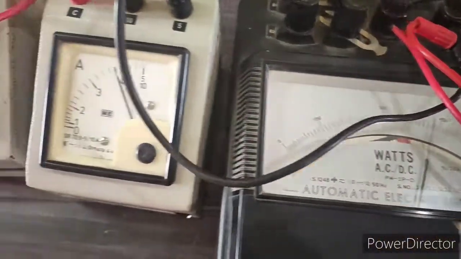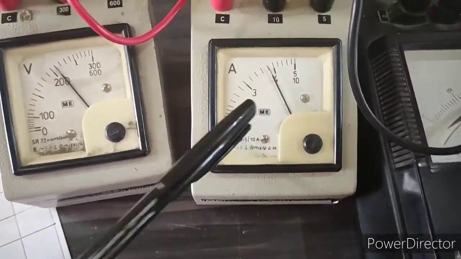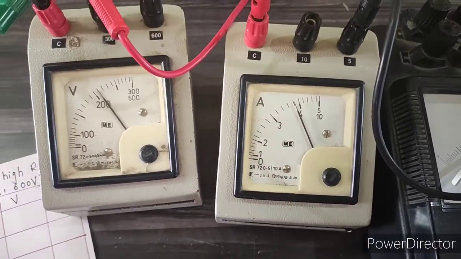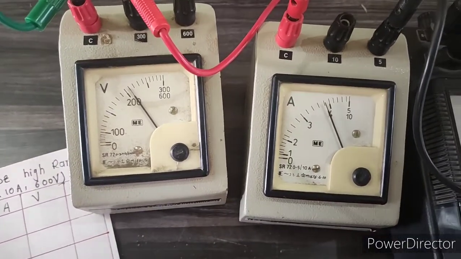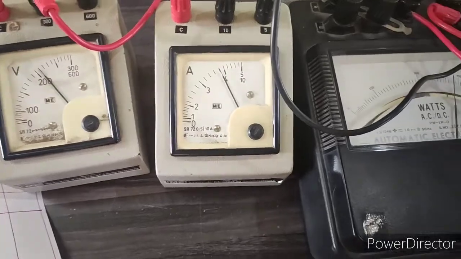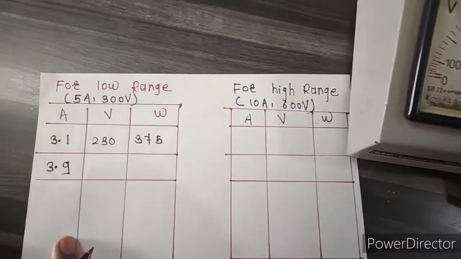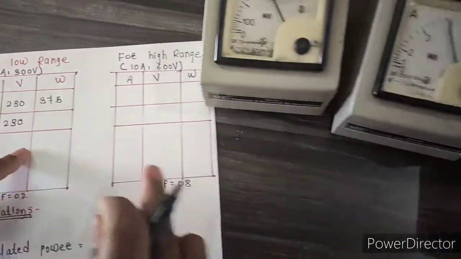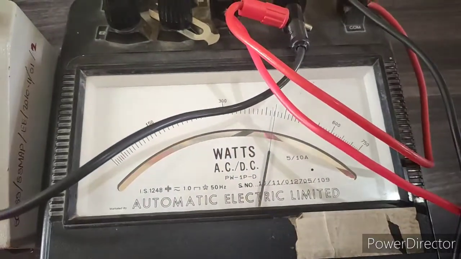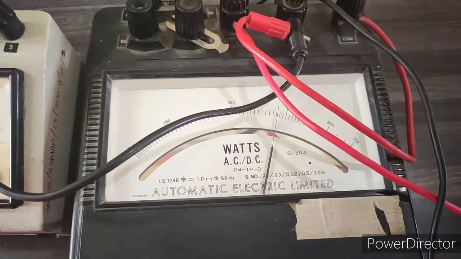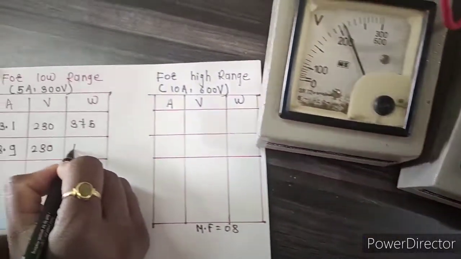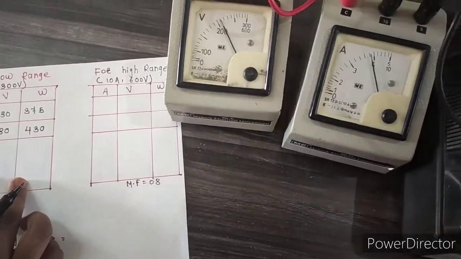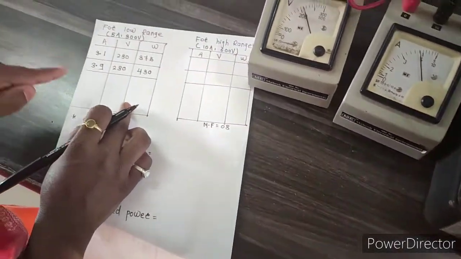So, here we have to take the readings again. The ammeter reading is nearly equal to 3.9, the voltage is the same, and we also have to take the wattmeter reading. It is nearly equal to 430. So, the wattmeter reading will be 430. So, these are the readings for the low range.